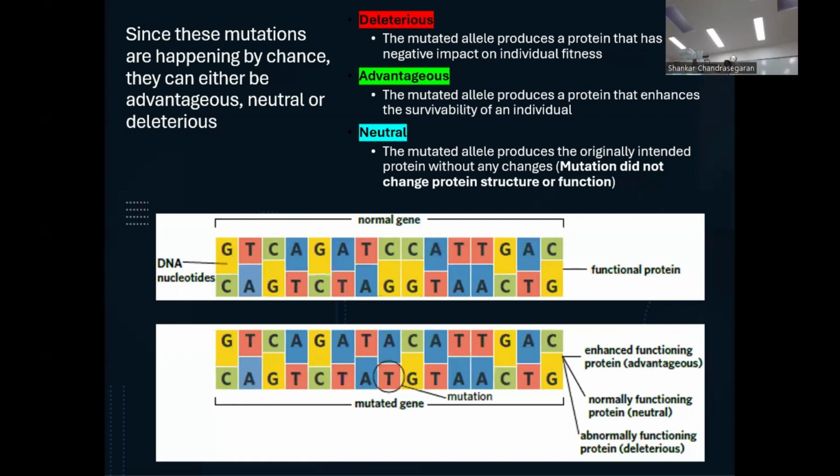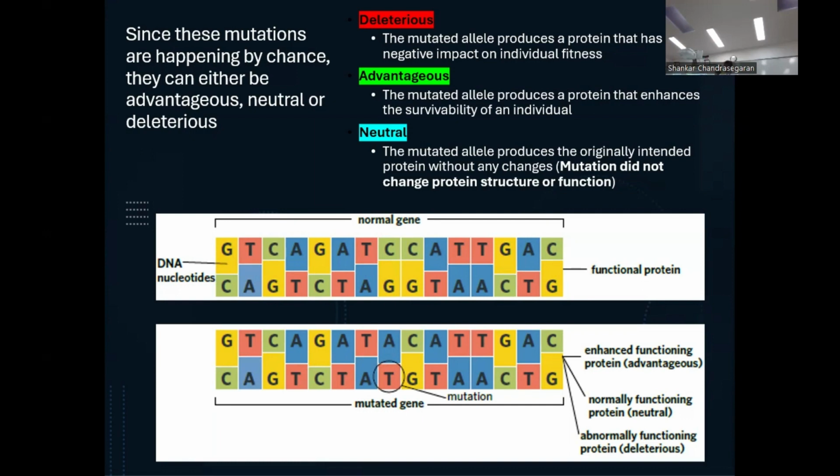Either that or the protein is not going to be functional anymore. So deleterious can be the protein has a negative impact on the individual fitness. Fitness basically means survivability. So this basically means that the protein has become non-functional or the protein can't emerge at all. So that is what we call deleterious.